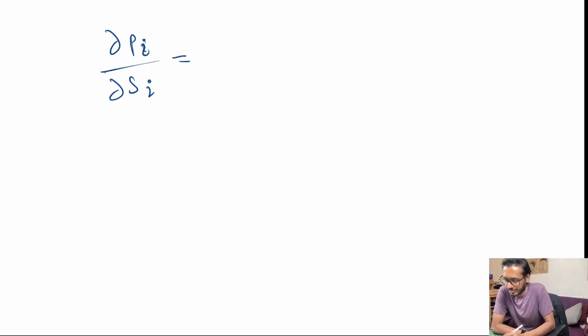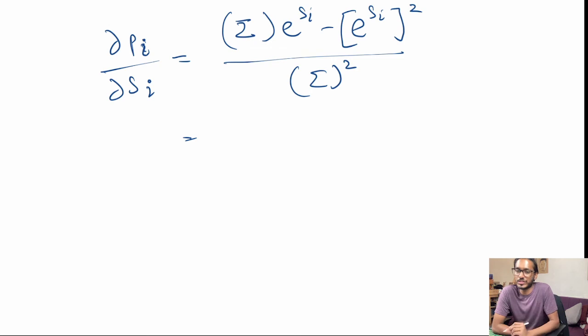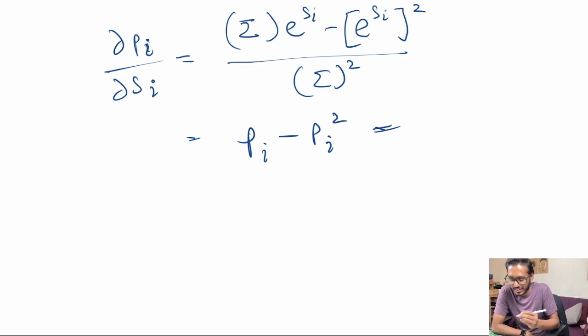So the derivative should be like this. You can try to do it on your own if you're up for a challenge. Otherwise, just trust me on this one. So this goes like pi minus pi squared, which gives a very similar answer to what we got with the logistic function, pi times 1 minus pi.